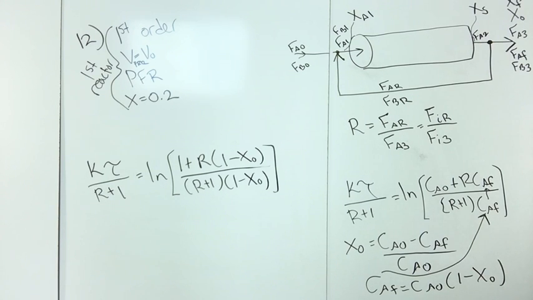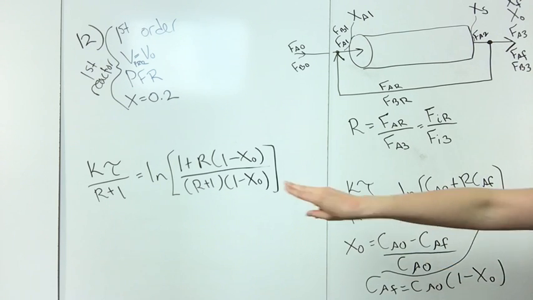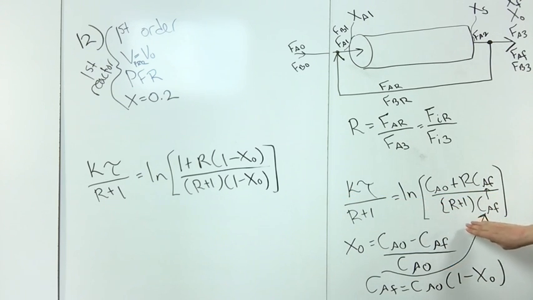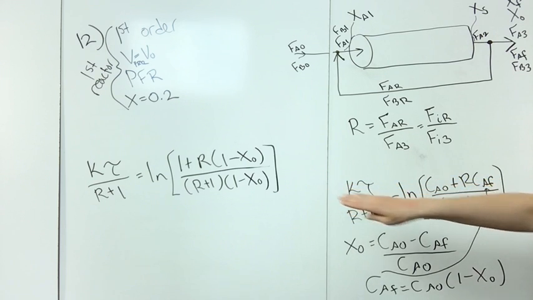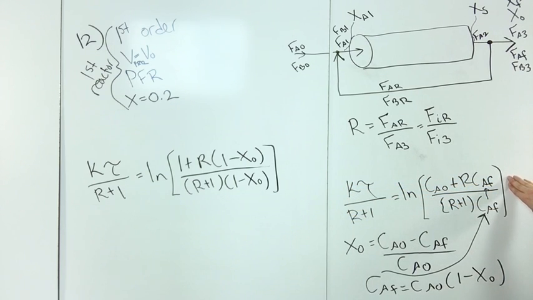And I just got confused for a minute because there was another recycle reactor problem that he gave you where you were still working in terms of X naught, but you didn't need to actually convert the equation over because you could calculate what CAF was from this equation, because he gave you CA naught.